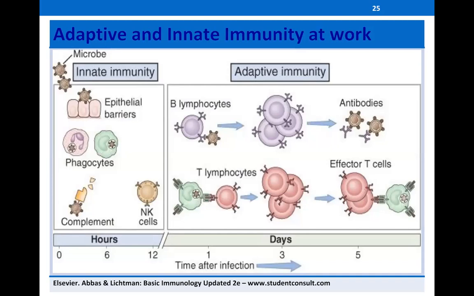The time duration would be from 1 day to 5 days to 7 days to 1 month, depends. So the adoptive immunity is exhibited by the presence of your B lymphocytes. As discussed earlier, they will be differentiated into plasma cells, giving us antibodies. Your T lymphocytes, on the other hand, would become effector T cells. And once the B lymphocytes and T lymphocytes proliferate, we are at the adoptive type of immunity.